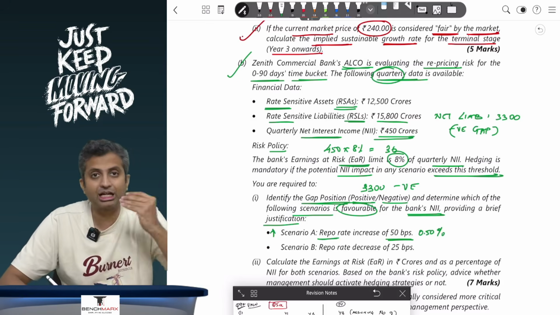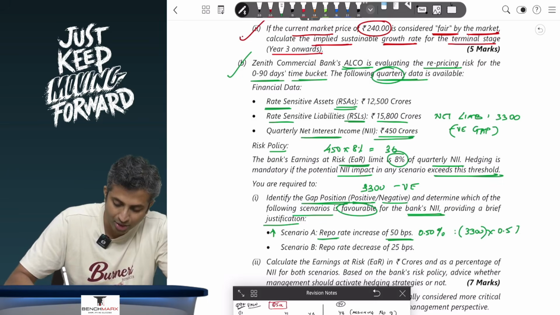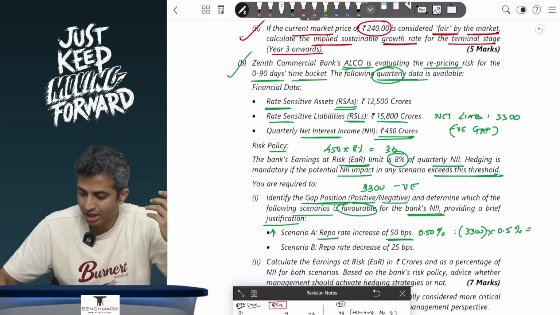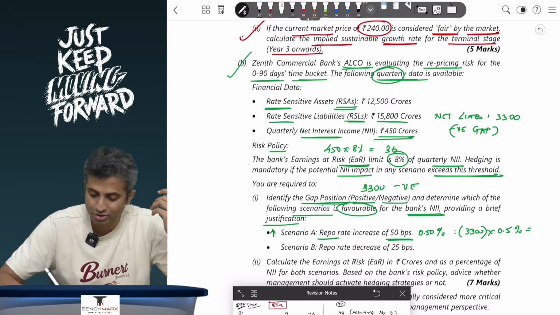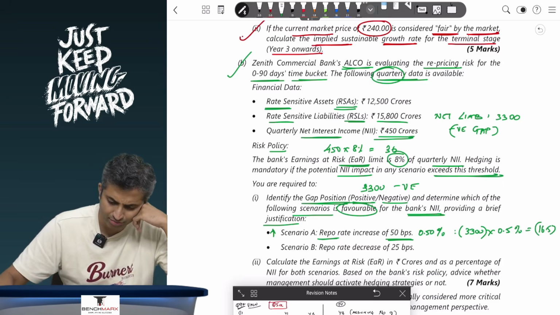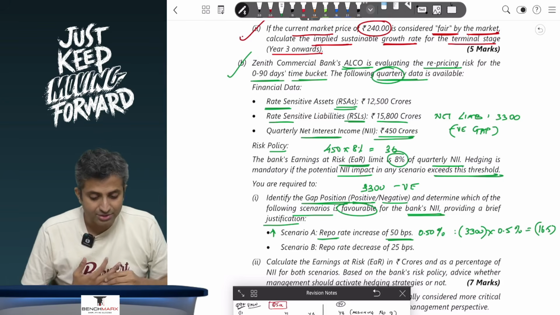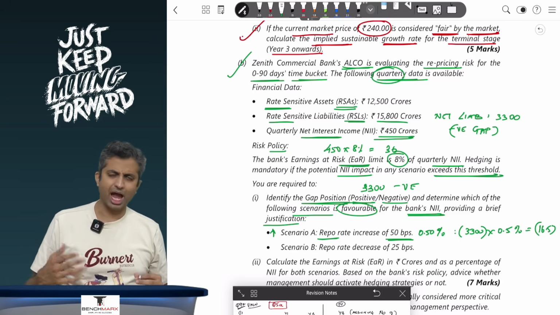Remember, you have a net liability. If you have a net liability position on this 3,300 net liability, and the interest rate is increasing by 0.5%, that will increase your cost. 3,300 into 0.5%. So this will be 16.5, if I'm not wrong, reduction in the overall position, because yes, maybe your liability is 15,800, but your assets are also 12,500.